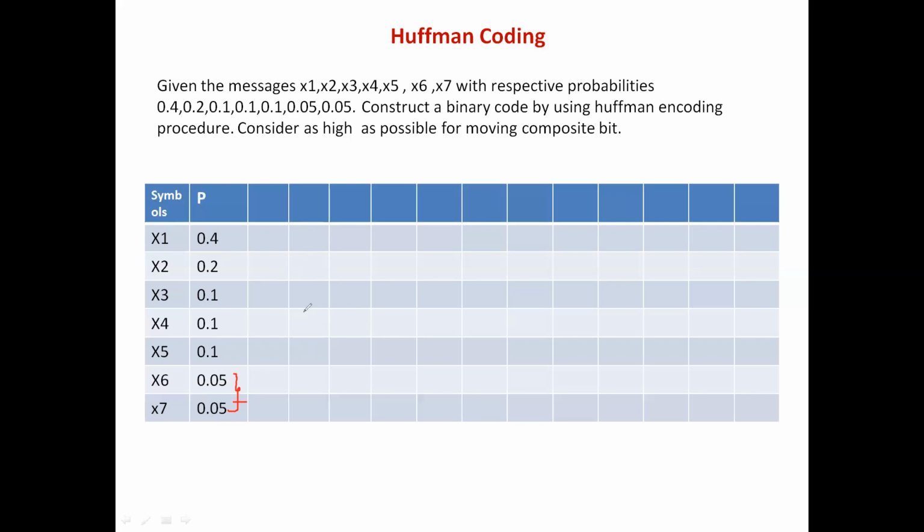So I can place it in four positions, but as we are supposed to place it as high as possible, 0.4 is written as it is, 0.2 is written as it is, and this 0.1, since I have given priority to placing it as high as possible, I will place it here.